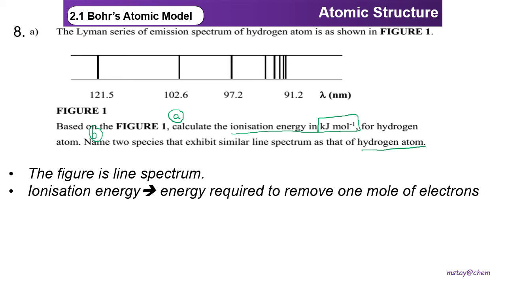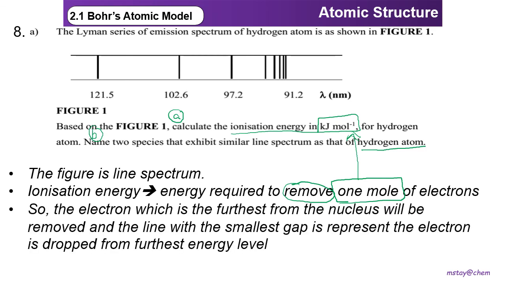Ionization energy, basically, I already simplified this. It means the energy required to remove one mole of electron. Keyword here is one mole of electron. That is why the unit here is kilojoule per mole. If you want to remove an electron, which electron will be removed?